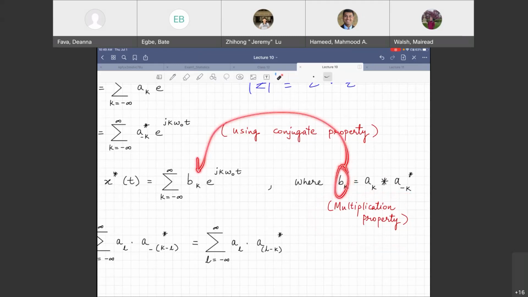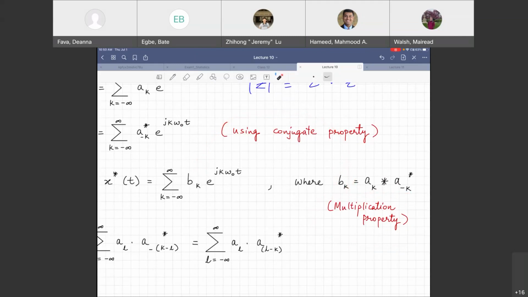Now, I want to ask you guys this. If I take a periodic signal, and if I take another periodic signal of the same time period, when I multiply them, will I have another signal that is periodic? Absolutely. What will be the time period? Exactly the same, right?